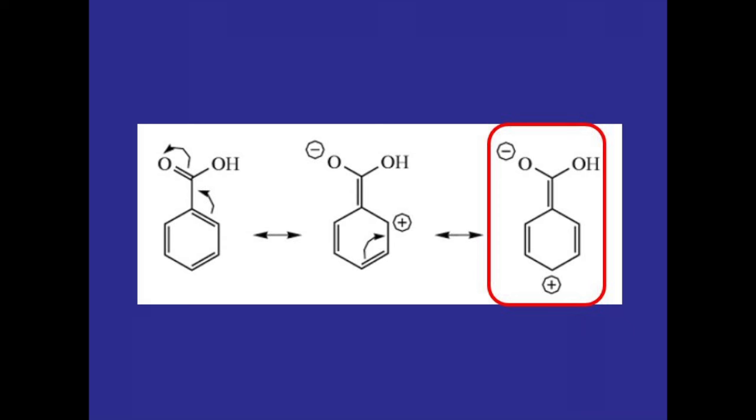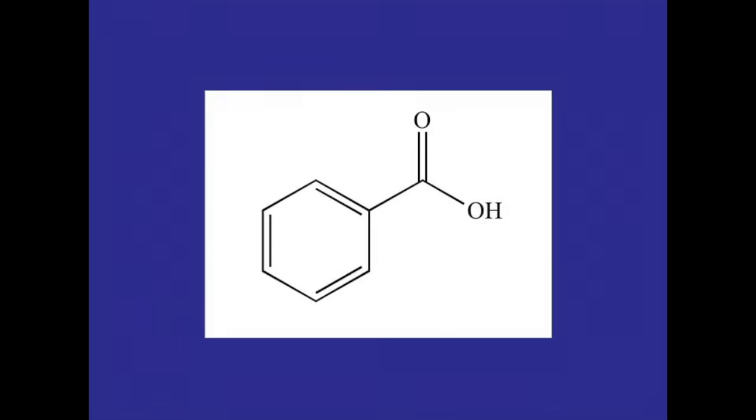And you could even draw one more where the positive charge gets placed on the other ortho position, but you get the idea. Because of those resonance structures, if we looked at the hybrid structure for benzoic acid, we would see partial positives on the ortho and para positions of the aromatic ring, meaning that those carbons and the hydrogens attached to them will be more de-shielded because they have less electron density around them.